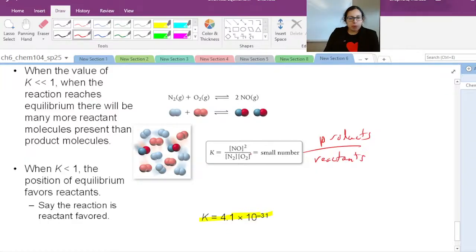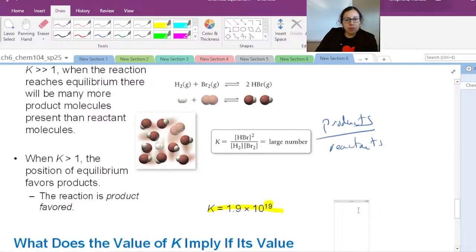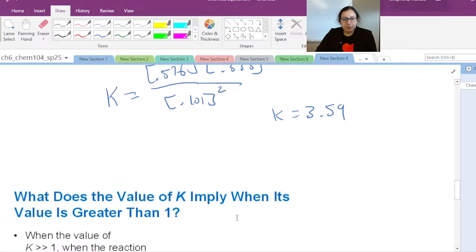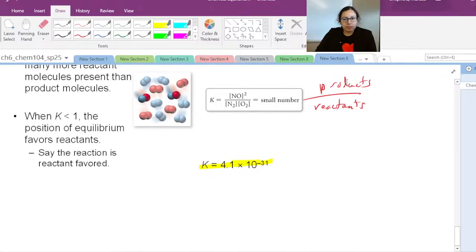Since our number is pretty small, that means it favors our reactants, which is good for all of us breathing people, since if this reaction was favored, we would have no oxygen left to breathe. So that's a little awkward. And then, we kind of saw it in this case: if it's close to 1, then it's really not favoring one extreme or the other, and you have more of that back and forth type equilibrium.